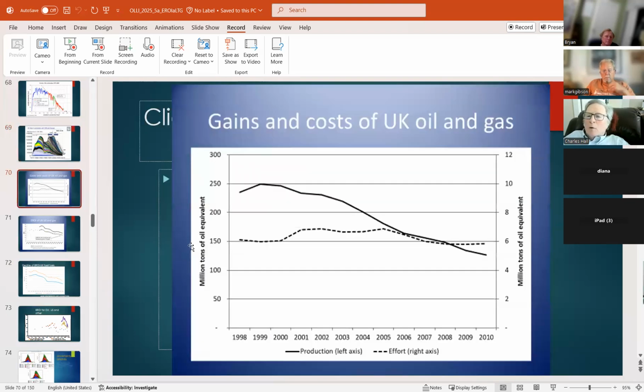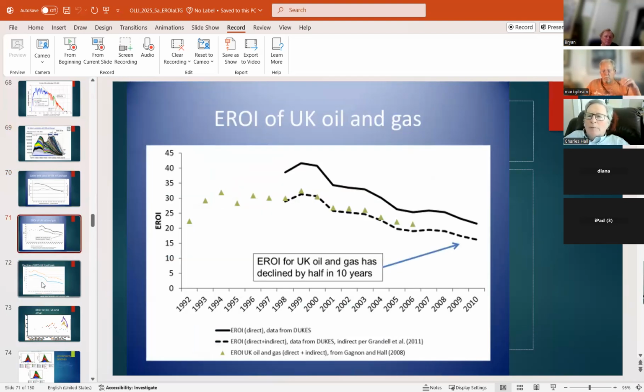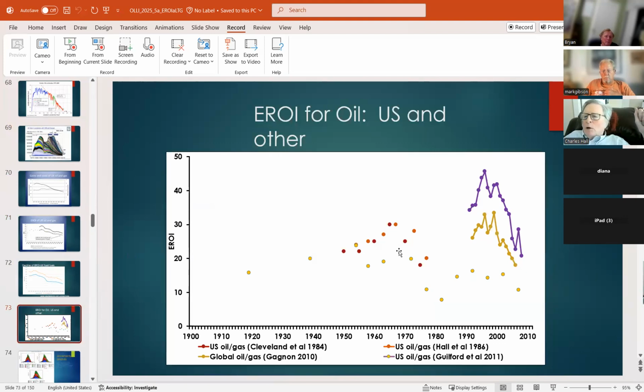So I did EROI of England, presented this to Parliament, went through all the details here, and it's continued to decline. So it's only about a quarter of what it used to be, and we've done this for all kinds of different countries.